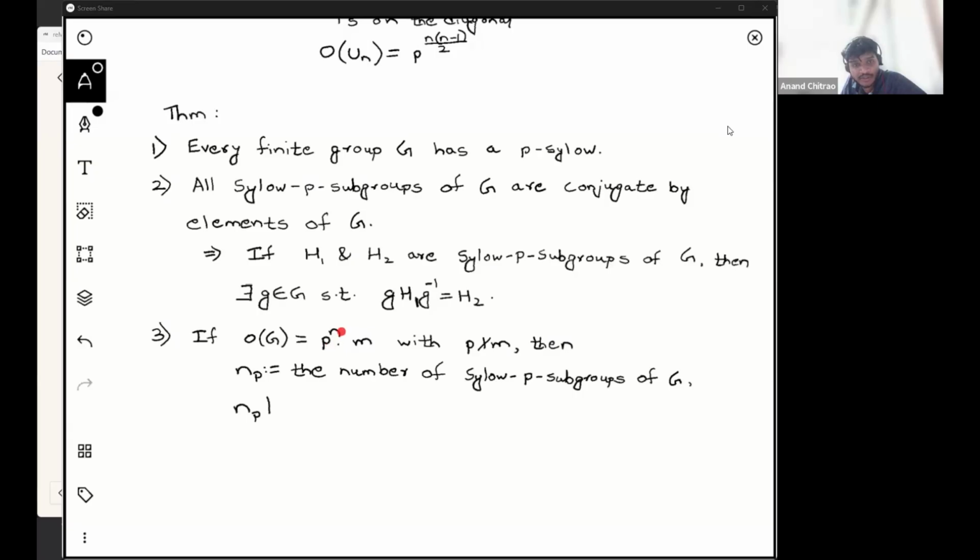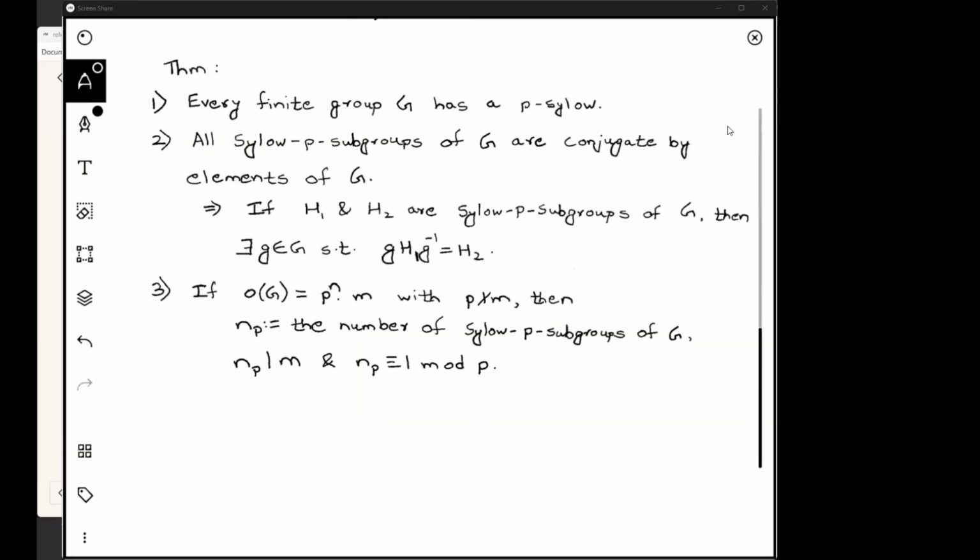If you take out as many P's as possible from the order of G, so np divides m, and np is congruent to 1 mod P. Is this clear? The statement at least?